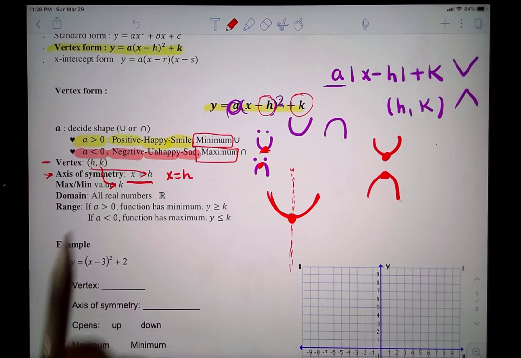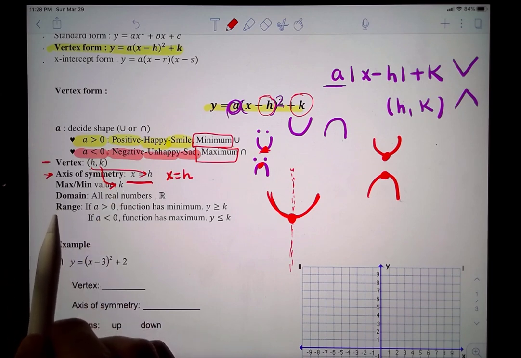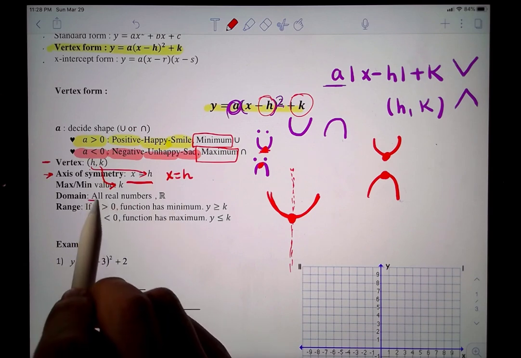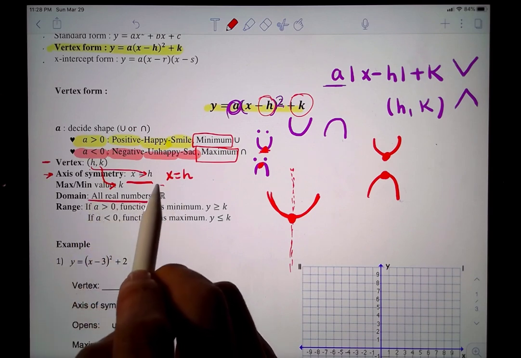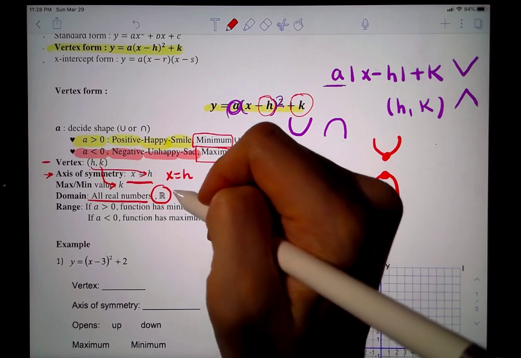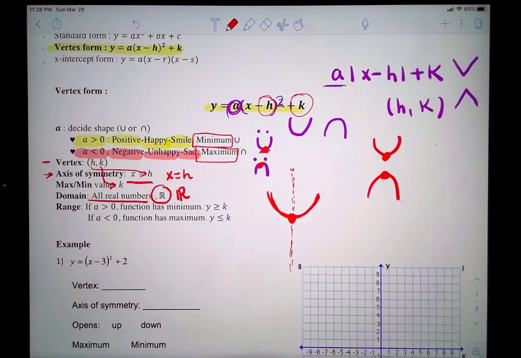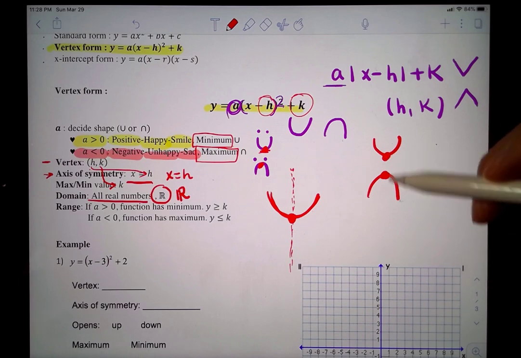Okay? And then domain. The domain of the quadratic function is all real numbers. So do you see this fancy R? So normally when we write it like this. Okay? So all real numbers, that's the domain. That means your possible x values. So you could have any x value for the quadratic function. And the range. So guys, we talked about the minimum or maximum, right?